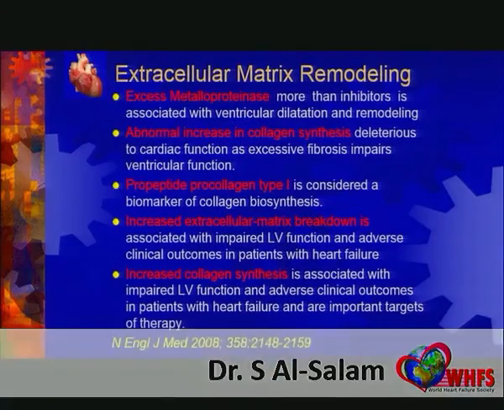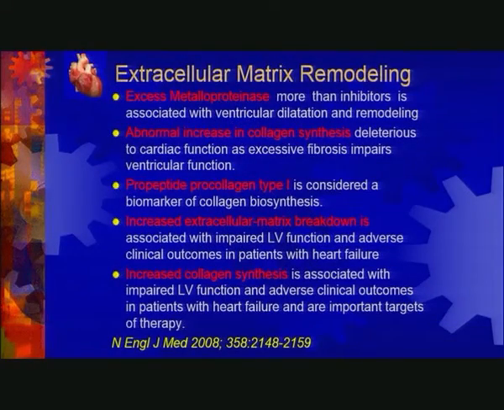Extracellular matrix remodeling is a very important thing, and it is really the sequela of the inflammatory process that we talk about. Due to inflammation and oxidative stress, you will have elaboration of many enzymes in the matrix. The most important one is metalloproteinase, because this will digest the collagen and the ground substance material.